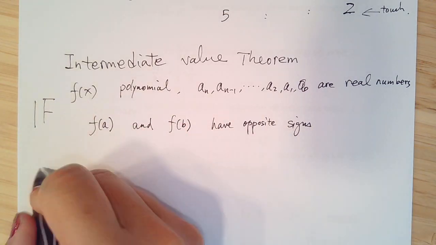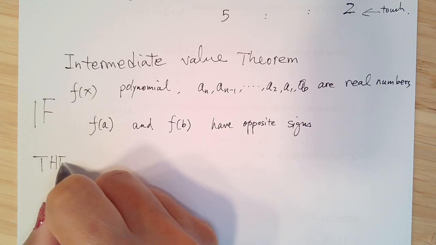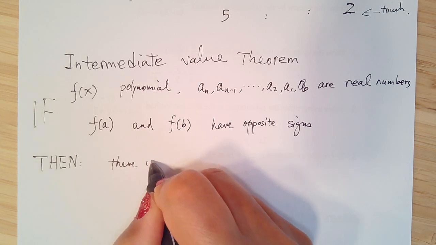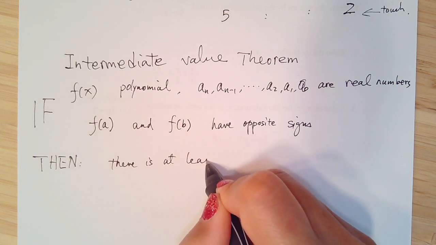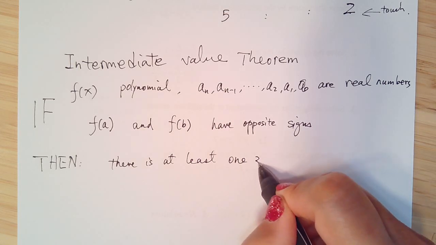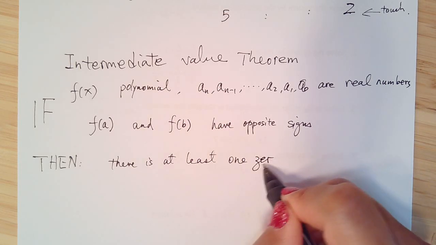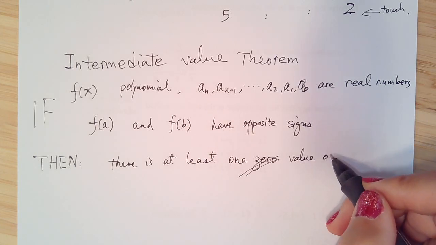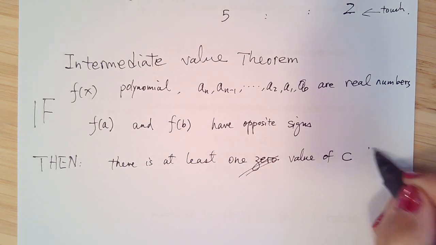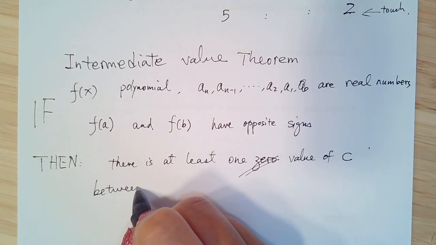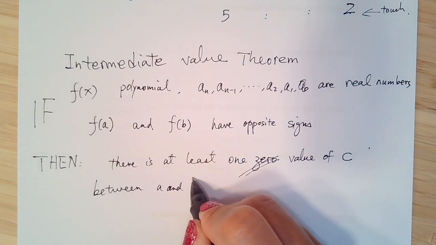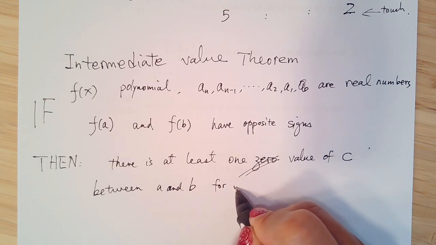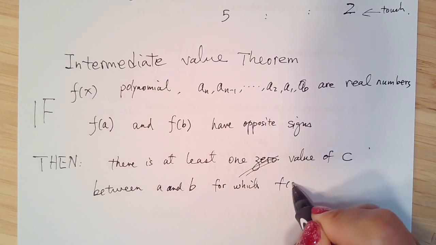If this, then there is at least one zero, or we just say at least one value of c, a lowercase c, between a and b, for which f of c equals 0.